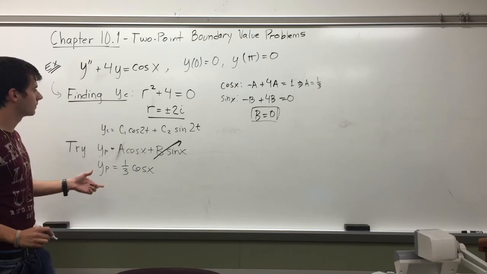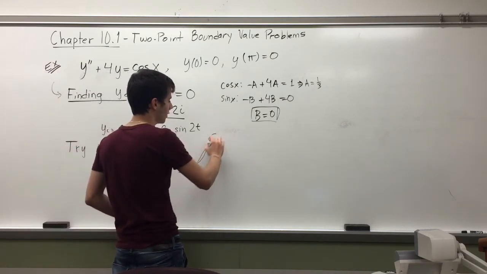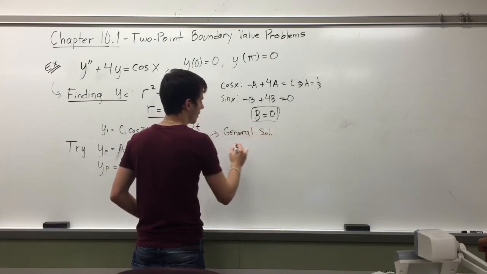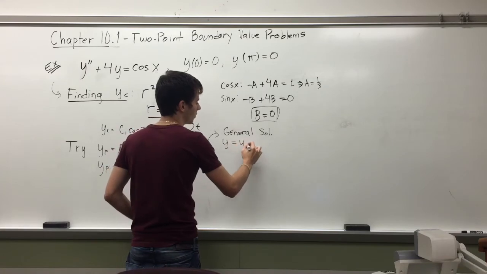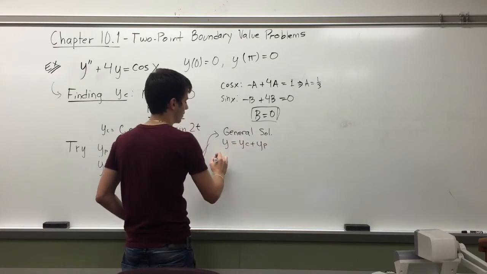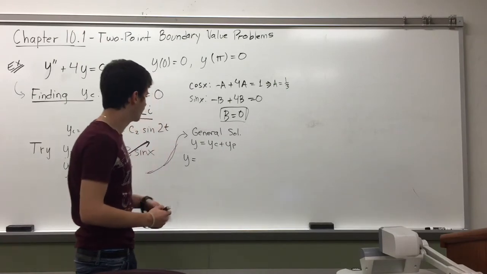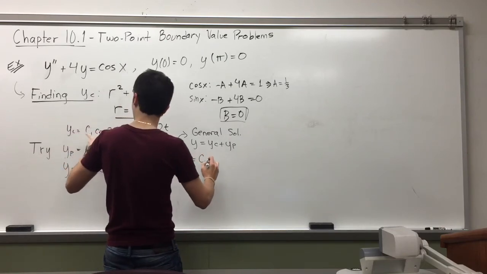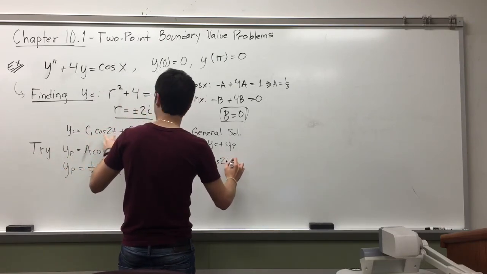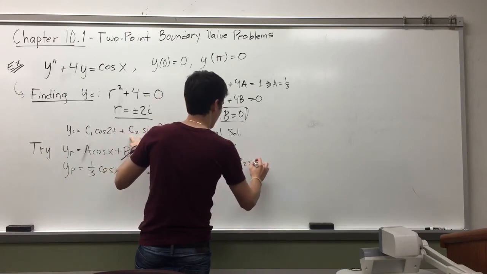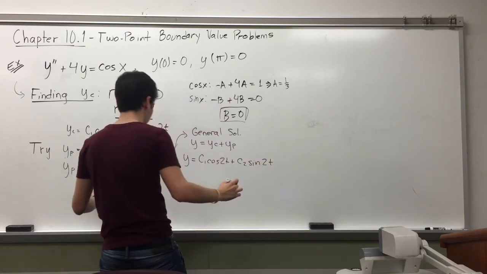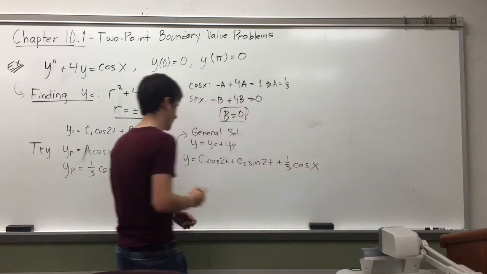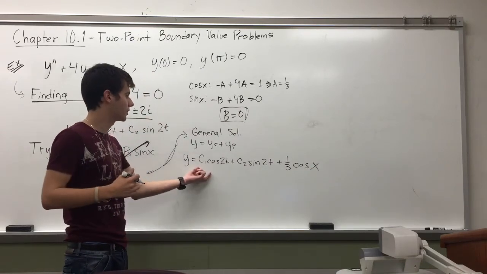And our general solution is going to be y equal to the complementary solution plus the particular solution. So our general solution is C1 cosine of 2t plus C2 sine of 2t plus our particular solution, which is 1/3 of cosine of x.